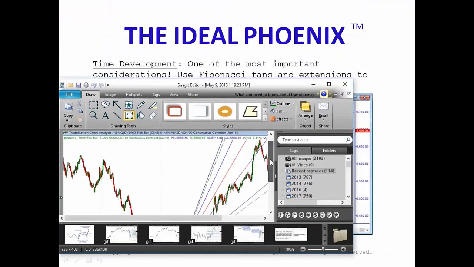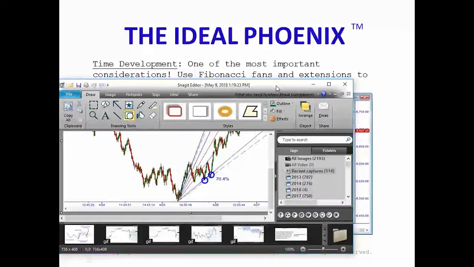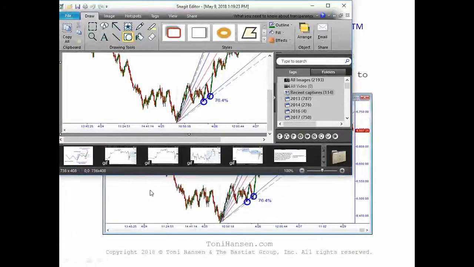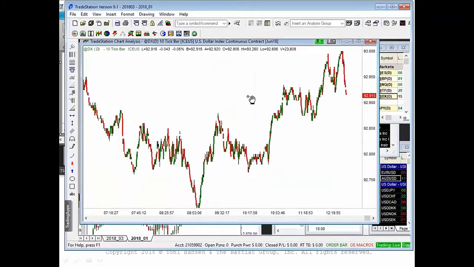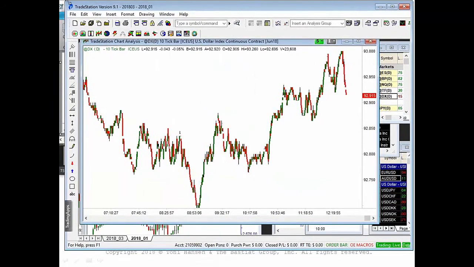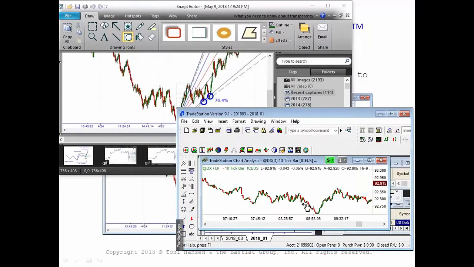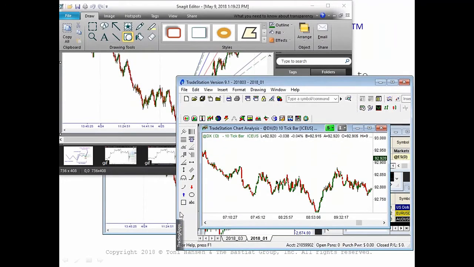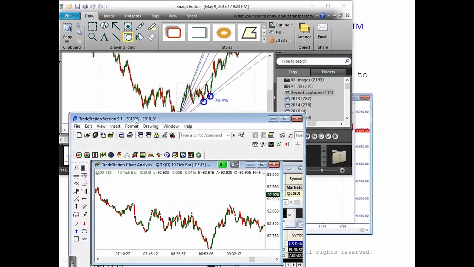So again, this is from the NASDAQ. Last time I gave this class, this is a trade we had in the NASDAQ on the 25th. And then today you have the exact same pattern repeating itself on the dollar index this morning.